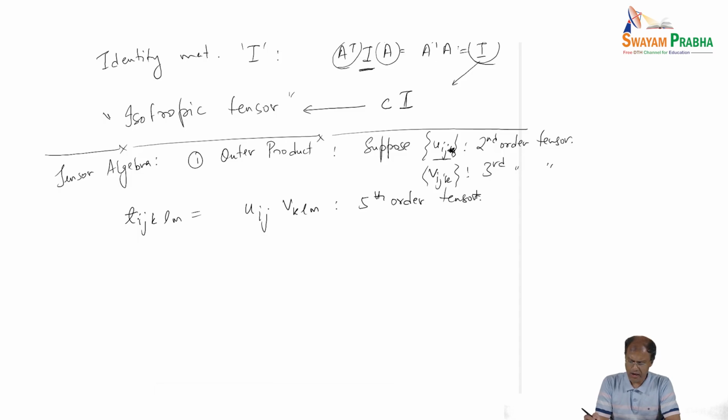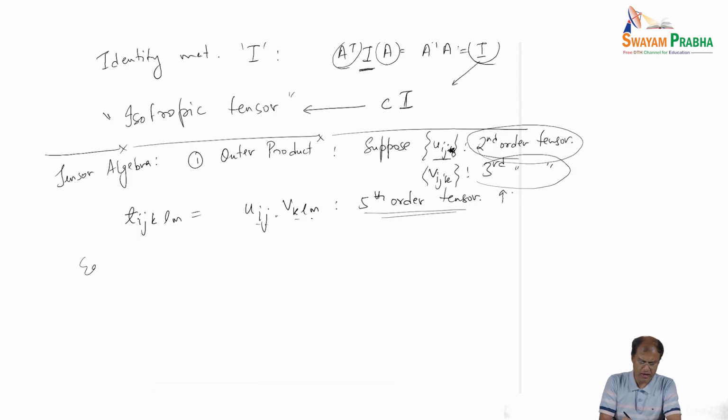There are 5 indices, which means there will be 3 to the power 5 terms in this tensor. We call these typical multiplications outer products, because in outer products the order of the tensor always increases in comparison with the multiplicating tensors.